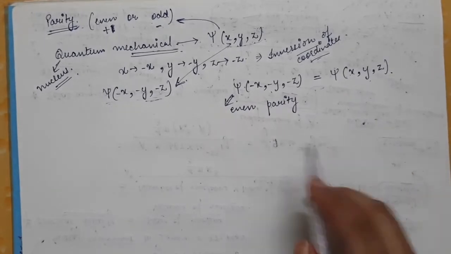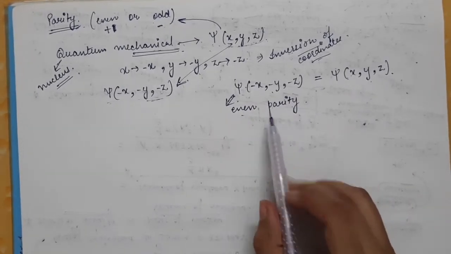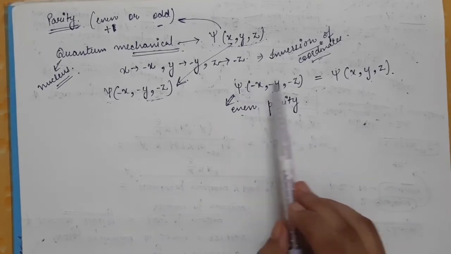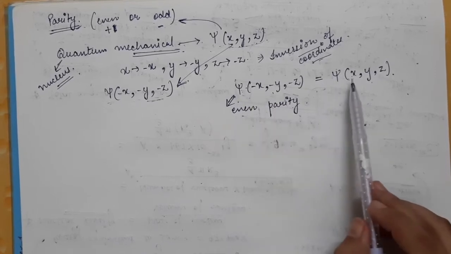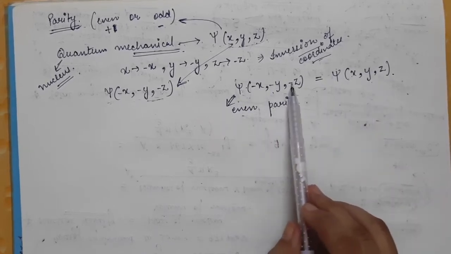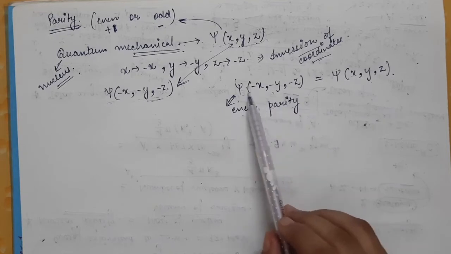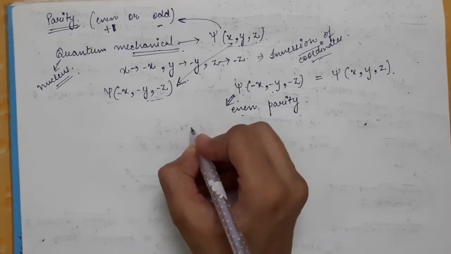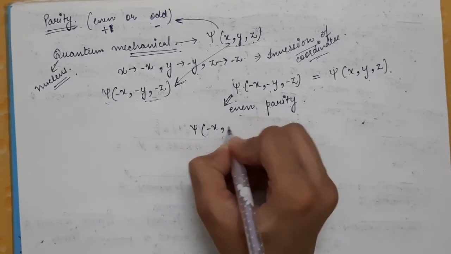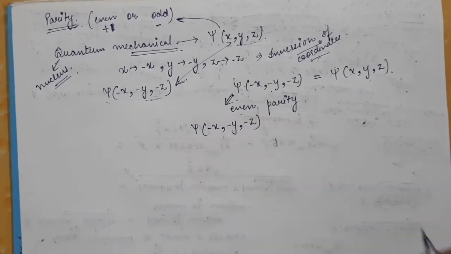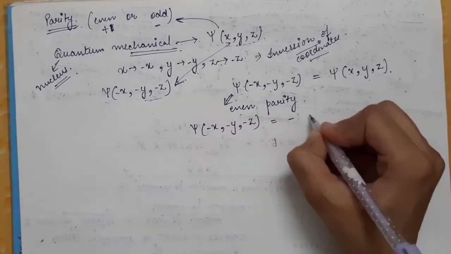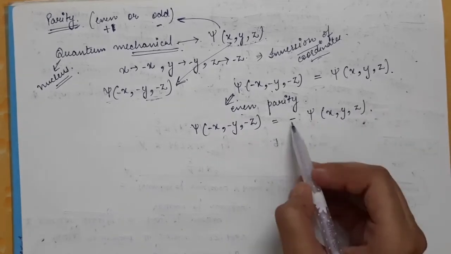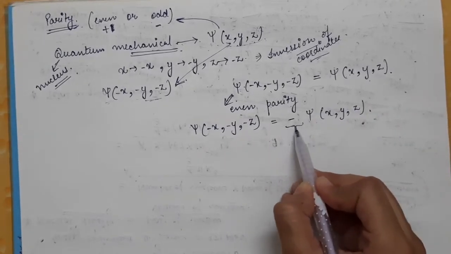So the nucleus will have an even parity if the wave function of the nucleus doesn't change and is equal to the same wave function when the coordinates are inversed. Then if the wave function upon inversion of the coordinates is equal to minus of psi of x, y, z, so there is this difference of a minus sign over here.